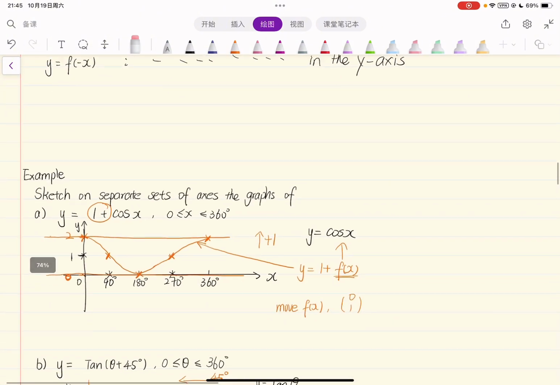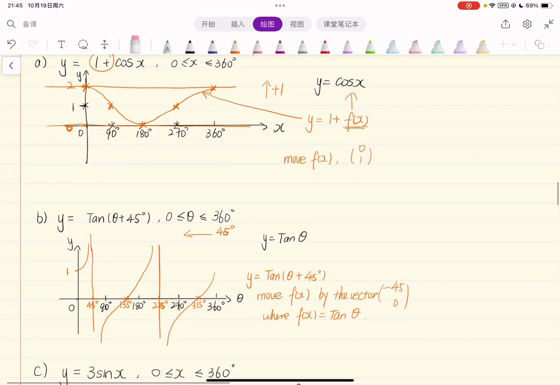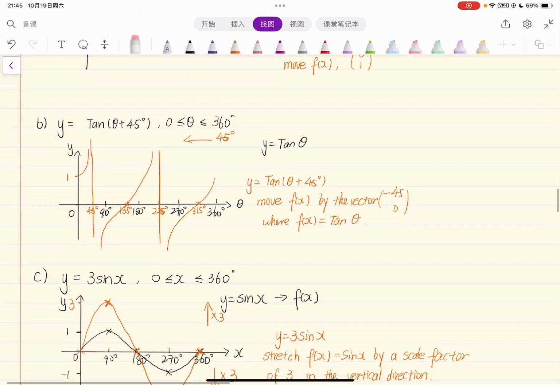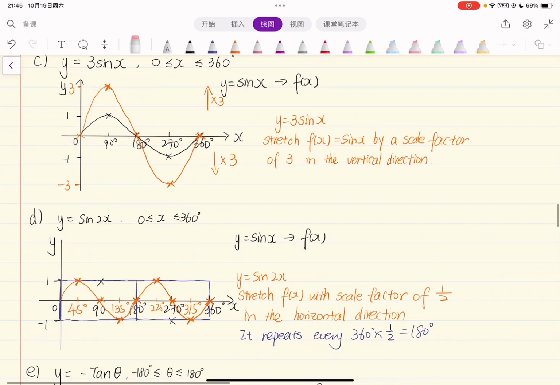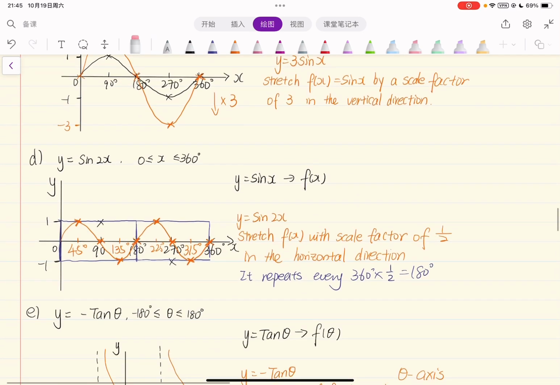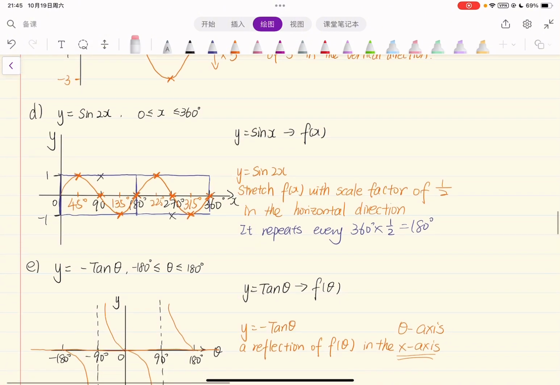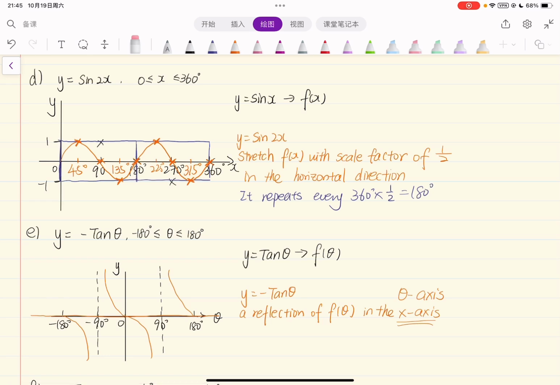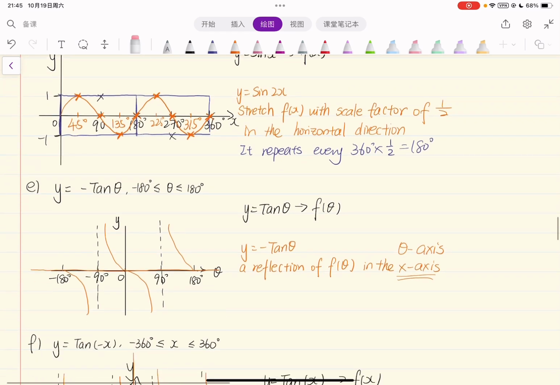So in part A, it changes the value of y, and for the tangent graph, you also need to be aware of the asymptotes. And be aware of the change of the period.